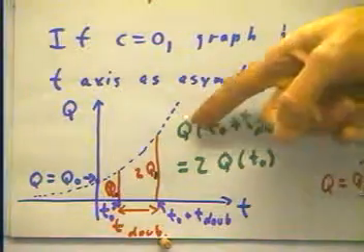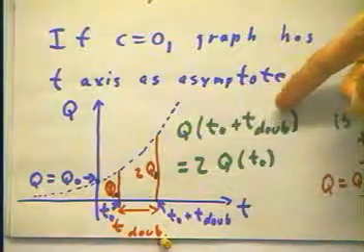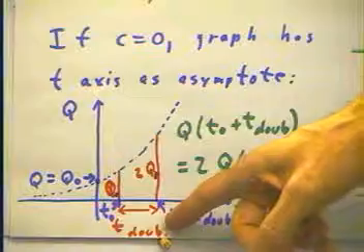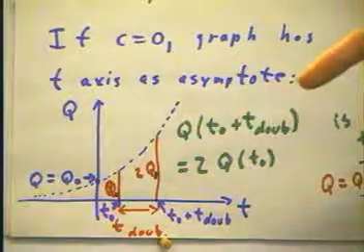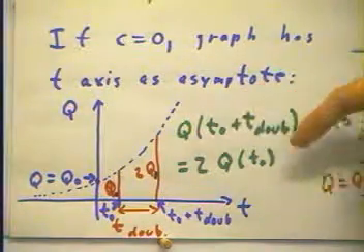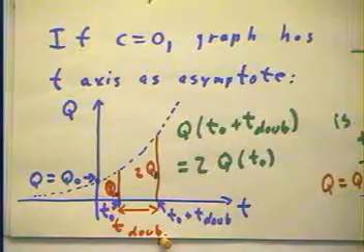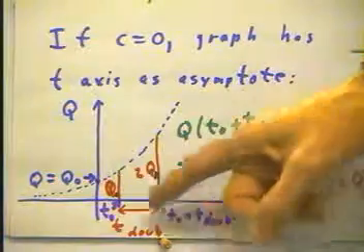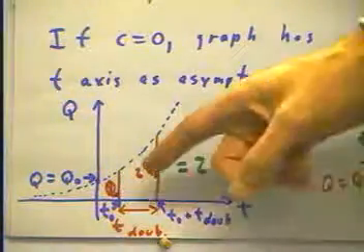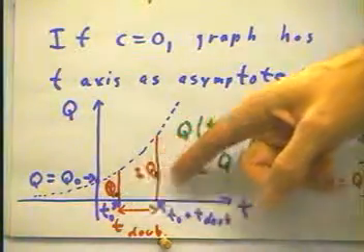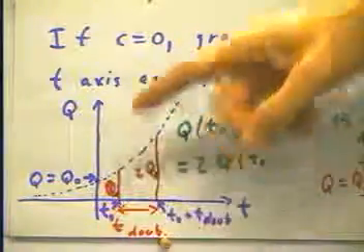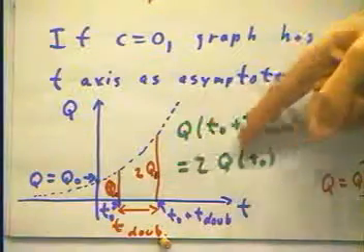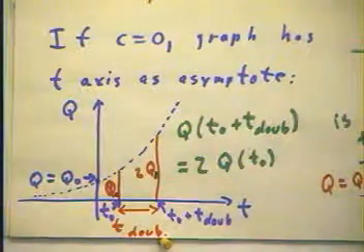The quantity that we have here we're going to call q of t naught plus t dub, because of course this is a function q of t, and t equals t naught plus t dub. So when t equals t naught plus t dub, we have q of t naught plus t dub. The quantity here is going to be q of t naught, because we have clock time t naught, and the fact that this one is twice as great as this one is going to be represented by the equation q of t naught plus t dub equals 2q of t naught.